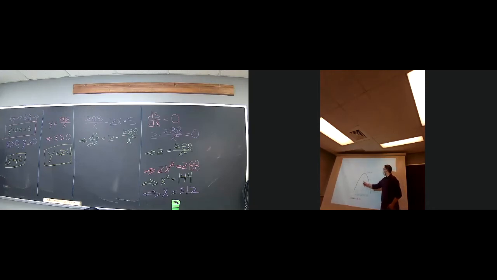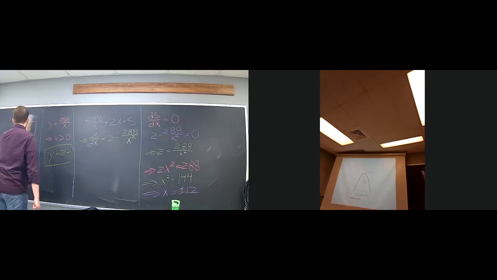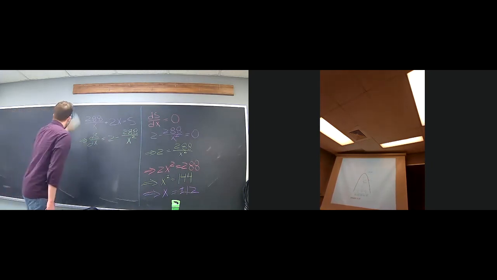What we want to find are the points on the graph that are closest to the point (0, 2). To do this, we're going to need to use a little bit of the Pythagorean theorem, or rather, the distance formula.